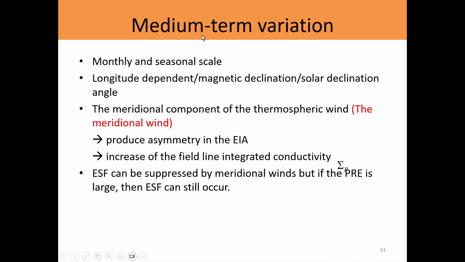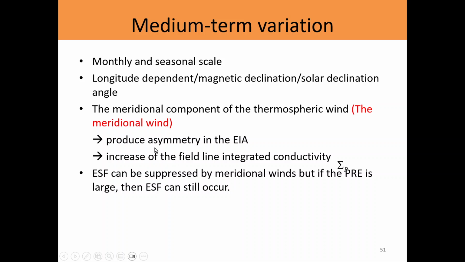And so medium term, we talk about monthly seasonal scale. It has the dependence on the longitude, on the magnetic declination, and solar declination angle as well. The effects of the thermospheric wind on the neutral wind, and you can talk about meridional wind as well, because the wind is south to north, north to south.